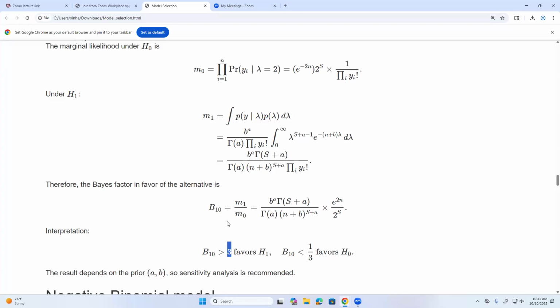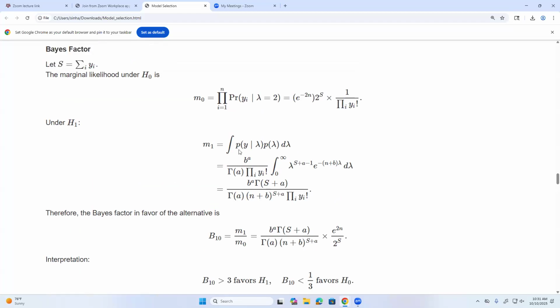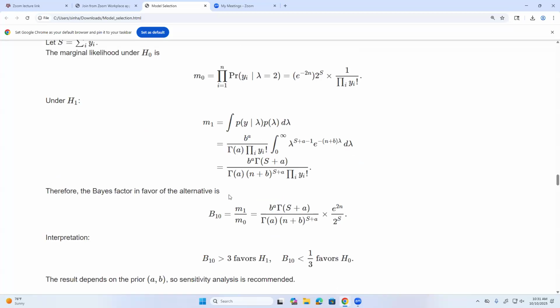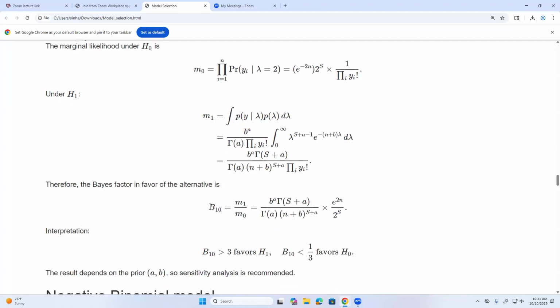Also, another thing about the Bayes factor: you see M1, the marginal likelihood. The marginal likelihood depends on the prior distribution. So we assume a gamma prior with parameters a and b. So it is sensitive to the prior choice.